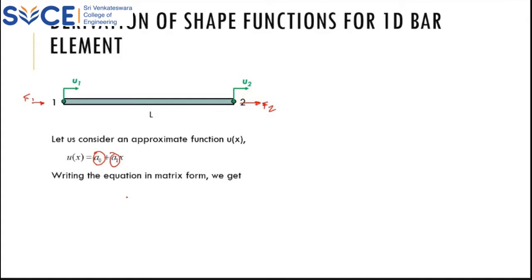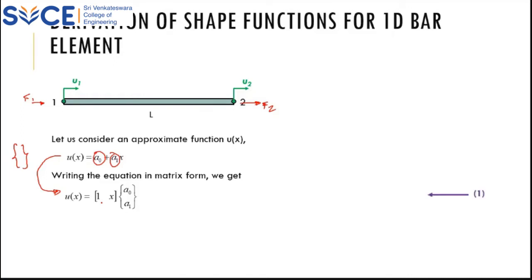First, I'm going to write this as a matrix equation: 1 into a0 is a0, x into a1 is a1x. This equation is written in matrix form. Make sure whenever you have a column matrix, you use a flower bracket. The other matrix should be in a square bracket. That is a basic rule.